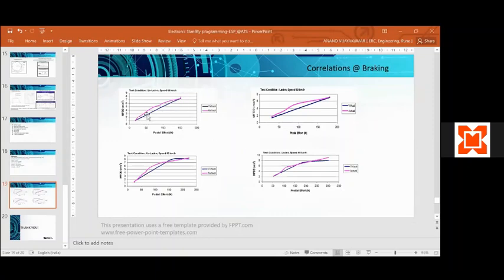There is a little bit of a gap, because that can be overcome by making the model very accurate. So that's how the simulation is helping. The correlation, I can say, is more than 90%.